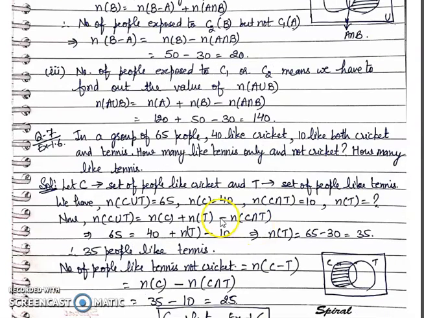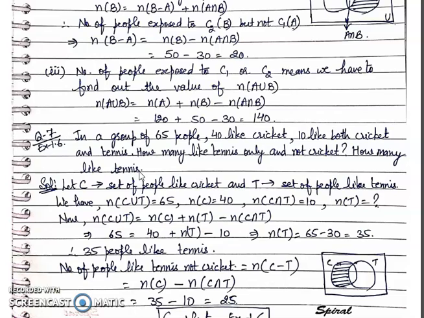Now consider one more question, question 7 of your exercise 1.6. The question is, in a group of 65 people, 40 like cricket, 10 like both cricket and tennis. How many like tennis only and not cricket? And how many like tennis?